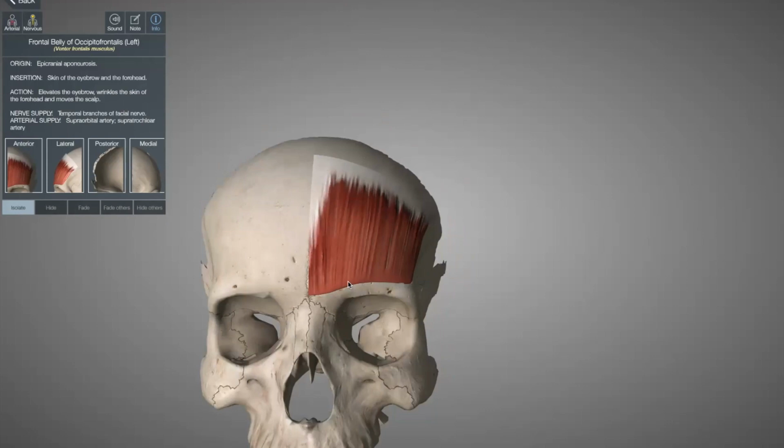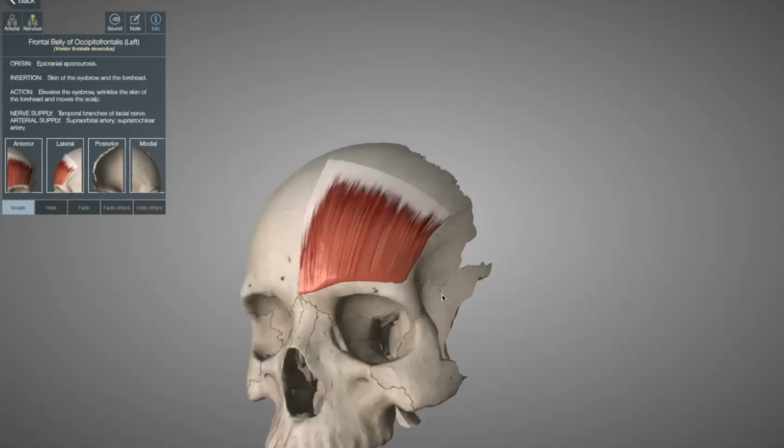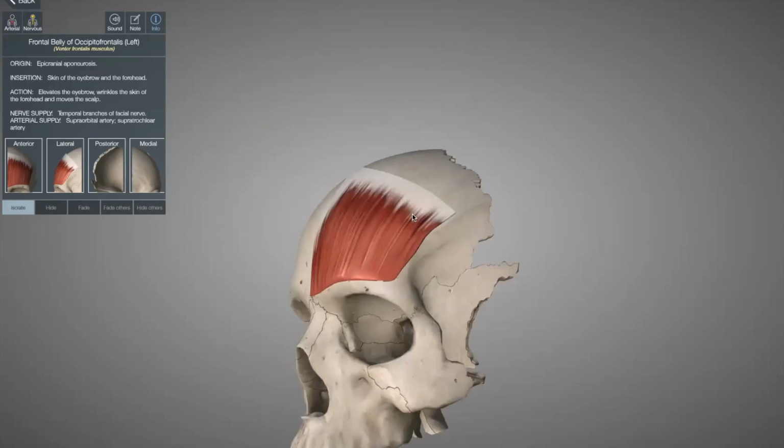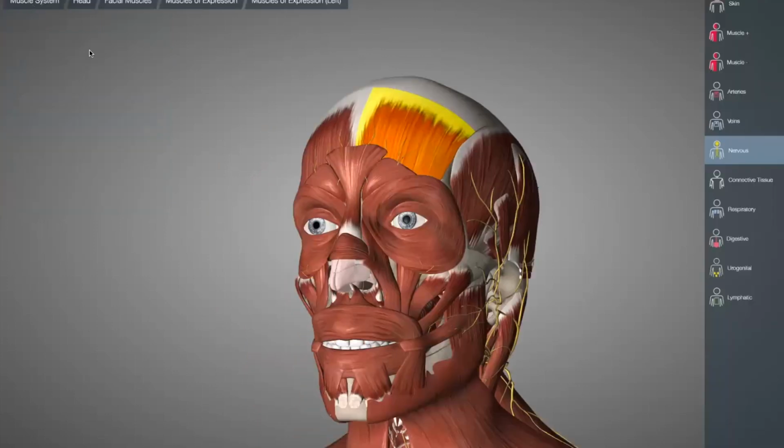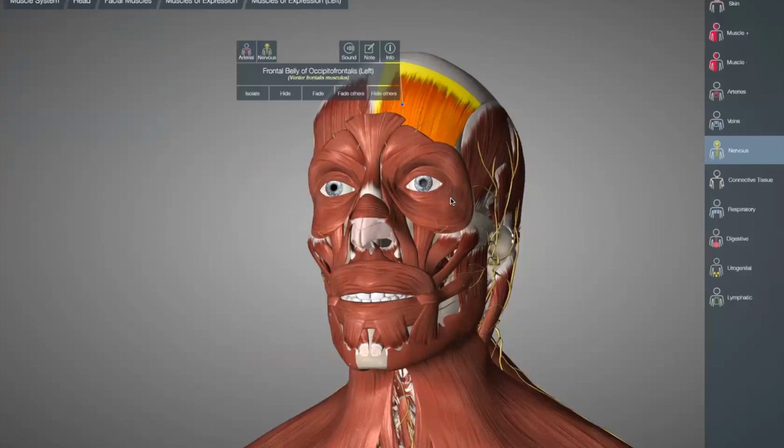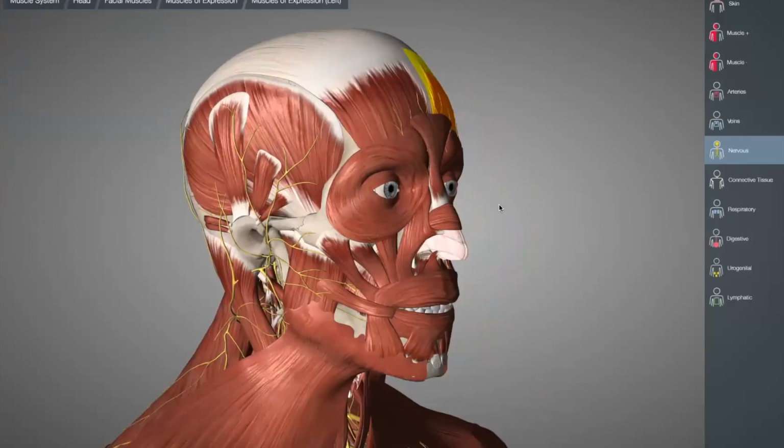What does it do? Easy: it elevates the eyebrows. What innervates it? Because it's near the temporal region, the temporal branch of the facial nerve.